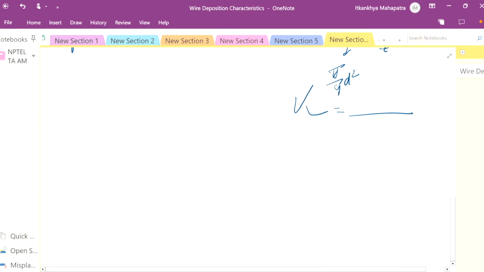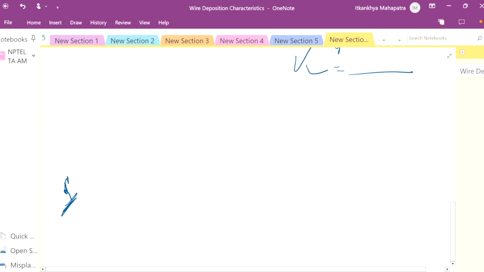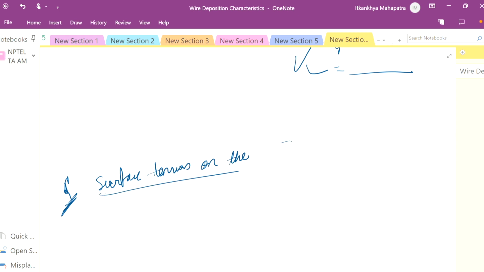Okay, one more question is there which I have not discussed, like mentioned here. It is asked about the surface tension on the wire. Now surface tension on the wire, how will you find out? You will find out by the formula 2 pi r w sigma sine theta.